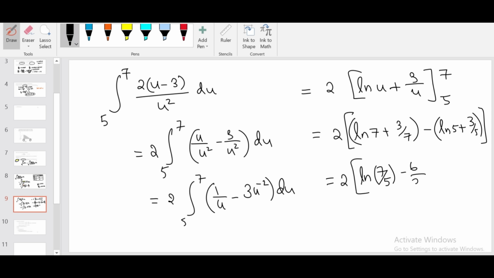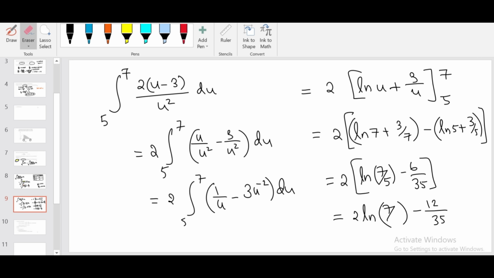Need to multiply throughout by 2, so minus 12 over 35. Sorry, 2 ln 7 over 5. You can put this 2 as a power using laws of logarithms.